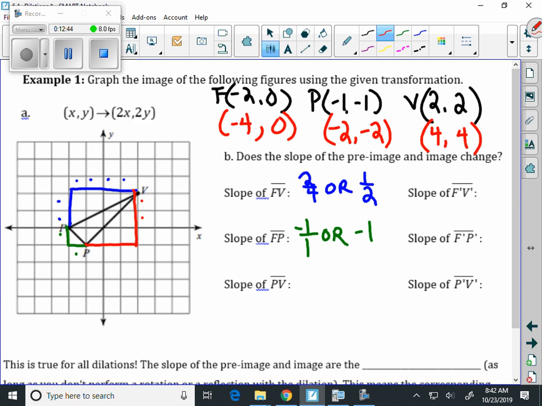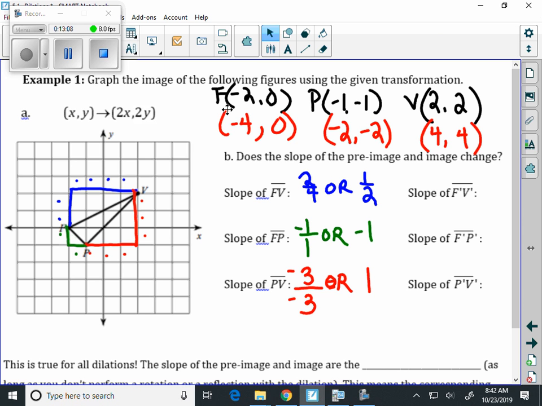Go 1, 2, 3 down, and 1, 2, 3 to the left. So it's 3 over 3. It's not negative. We went down 3, which is negative 3. We went left 3, which is negative 3. So technically negative 3 over negative 3, which is positive 1. And then I'm going to draw that figure back in. That's probably still on your paper.